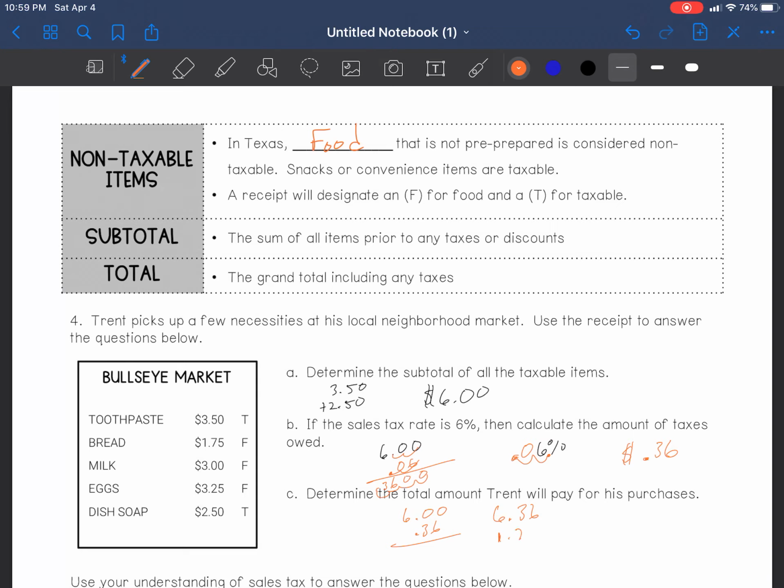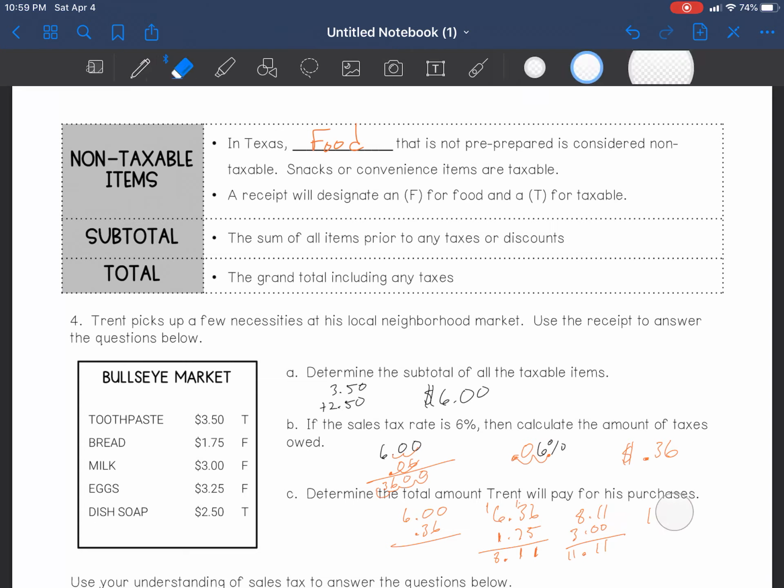Then we have to add our bread, which is $1.75. Let's add that up. I'm at 8.11. Now let's add up our bread, which is $3. I'm at 11.11.